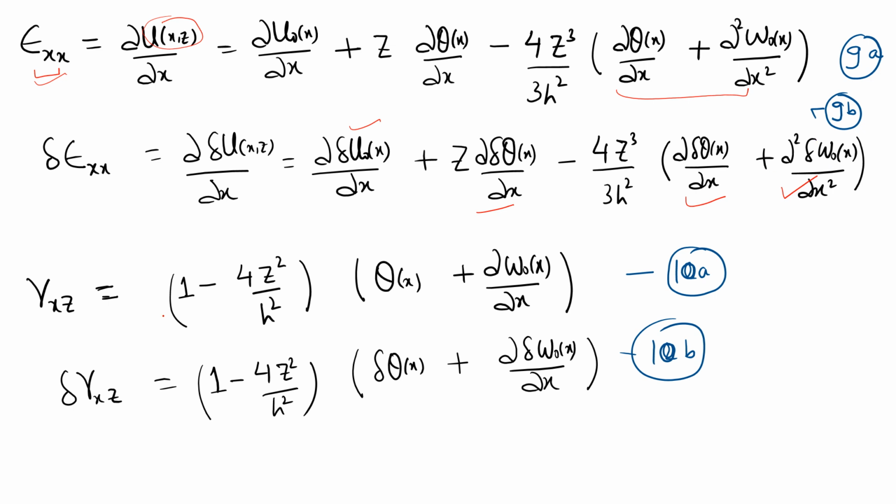Now we will have the transverse shear strain as 1 minus 4z squared by h square times theta x plus del w naught by del x, and the variation would be written in the same way, just applying the variation.